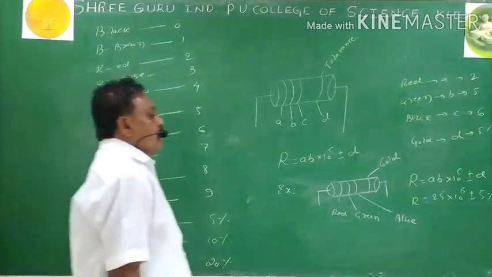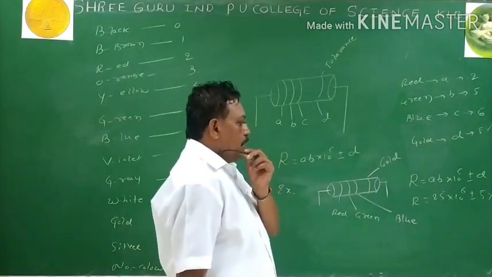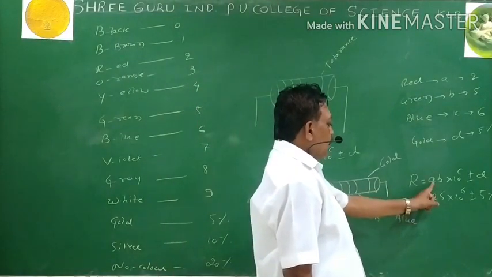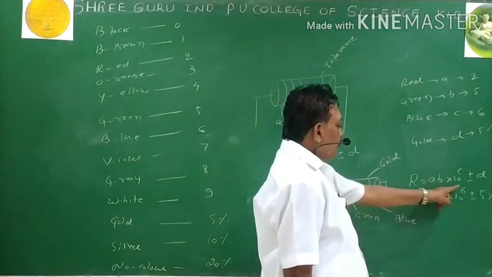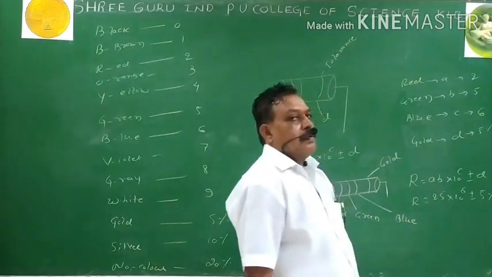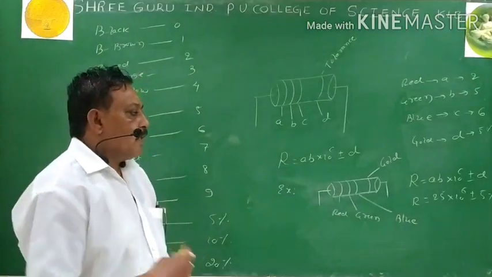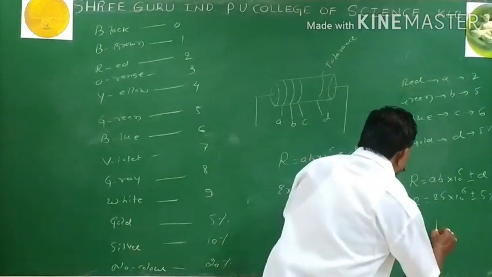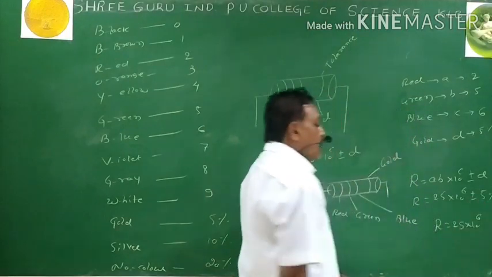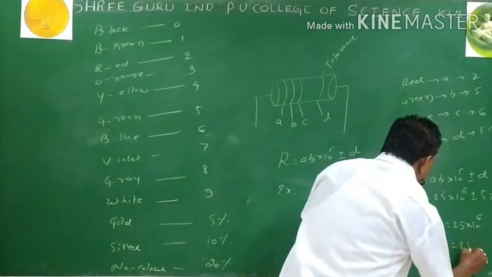I substitute the values in the equation R equals AB into 10 to the power of C plus or minus D. A is 2 here, B is 5, and C is 6, plus or minus 5%. Now this is the value of the resistance. In some cases we neglect the tolerance. We can write the value of the resistance without tolerance: R equals 25 into 10 to the power of 6. 10 to the power of 6 is nothing but mega. Hence we can write R equals 25 mega ohm.